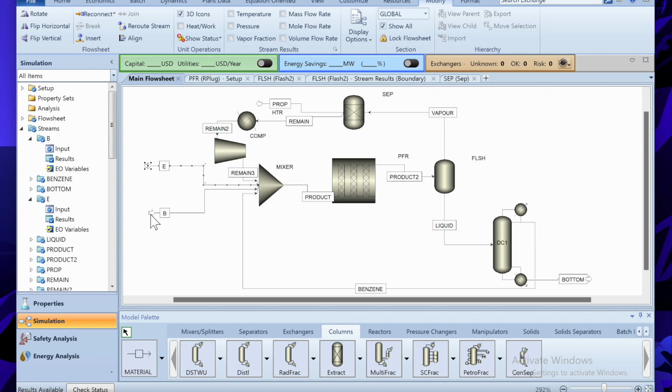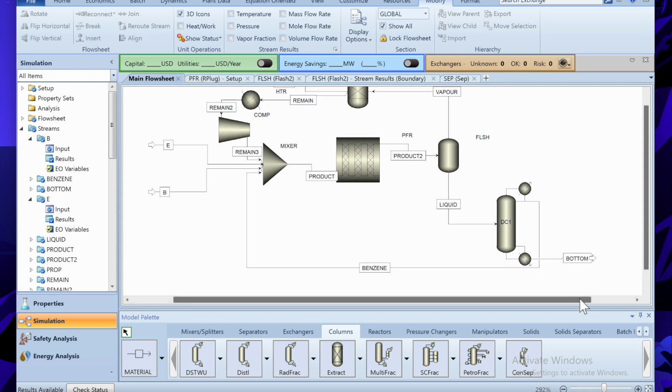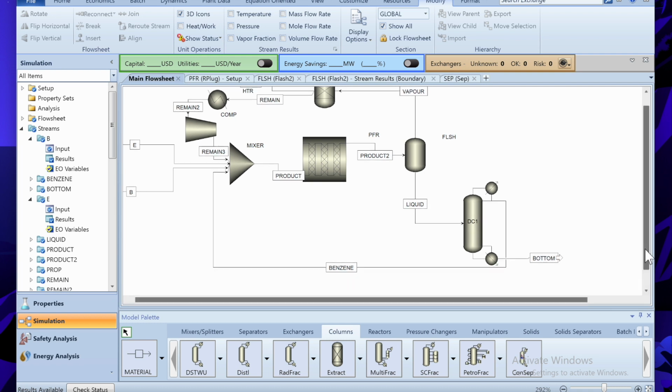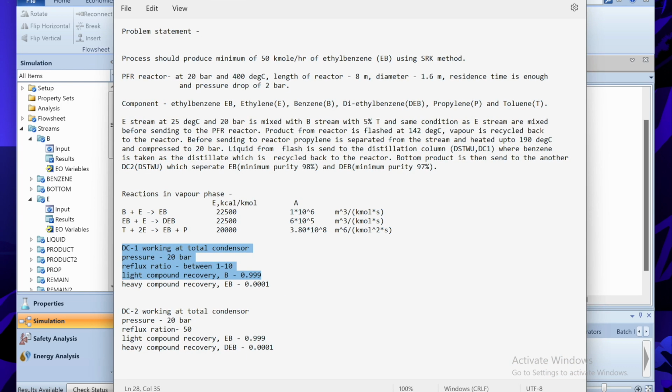You can give some random number and start simulating, but that can take a very large amount of time, or if you are lucky, you can guess the flow rates in 1 or 2 iterations.